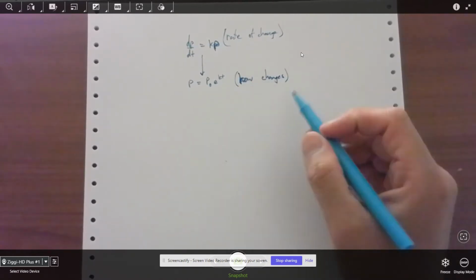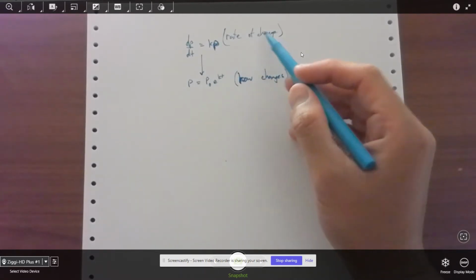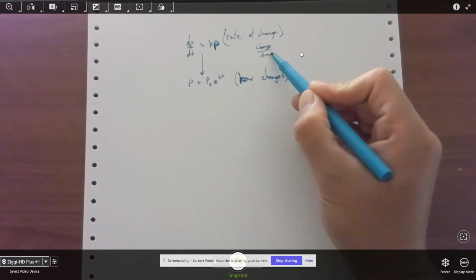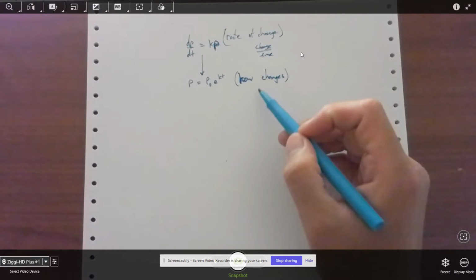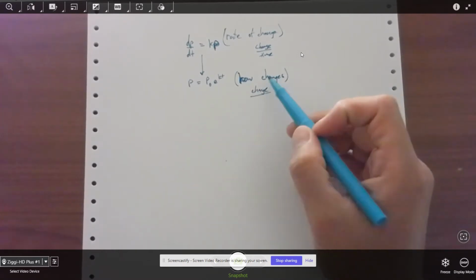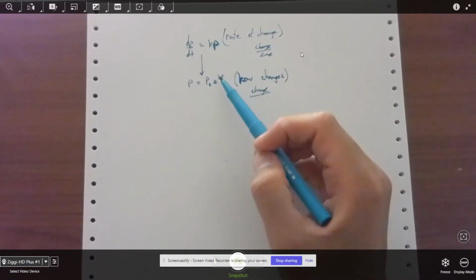So again, rate of change is sort of like the change over time, right? How your population changes over time. This just tells me how things change. That's it. There is no change over time. So basically, this is the rate of change. This is just how things change.